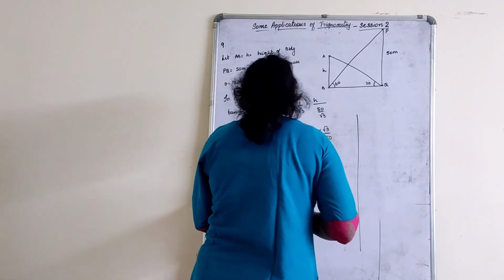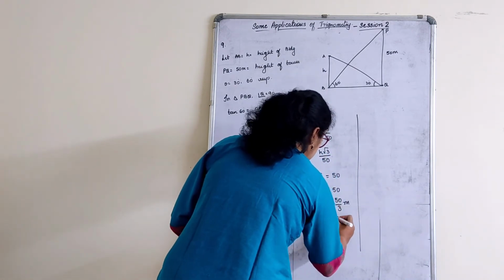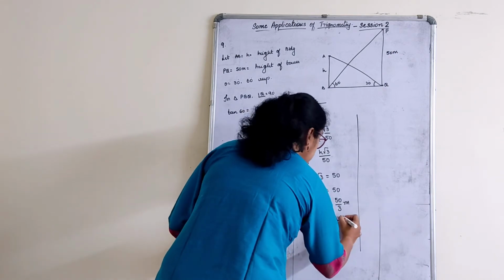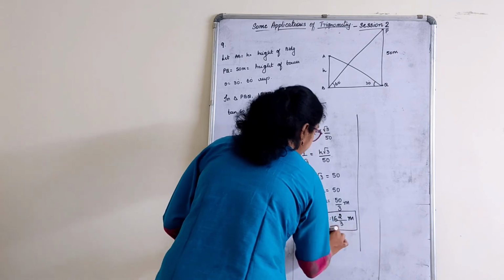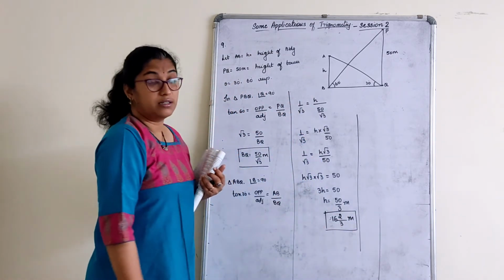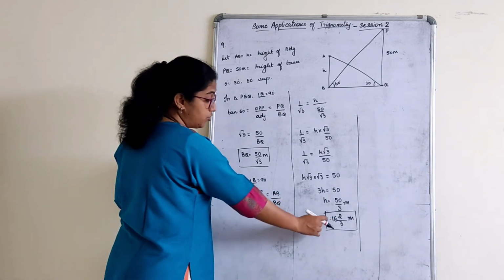Further, 3 1s are 3, 3 6s are 18, 2 remainder. 16 3s are 48, 48 plus 2, 50. It is an improper fraction, so you have to always keep it in terms of a mixed fraction. That's more important.